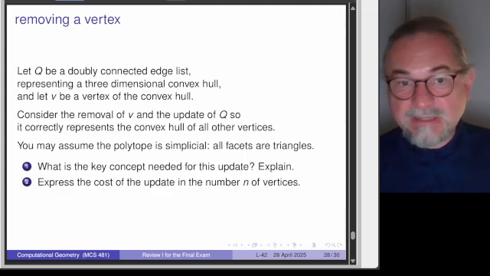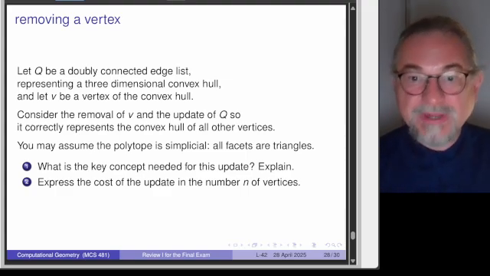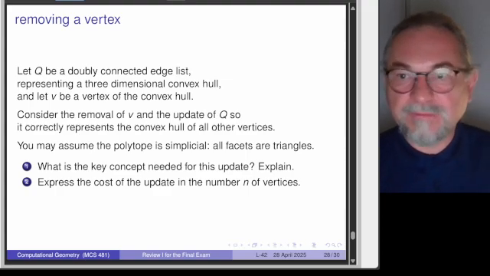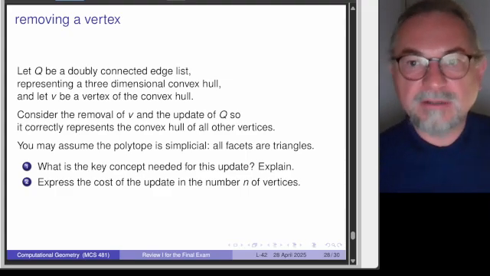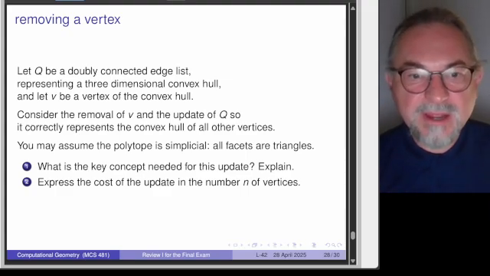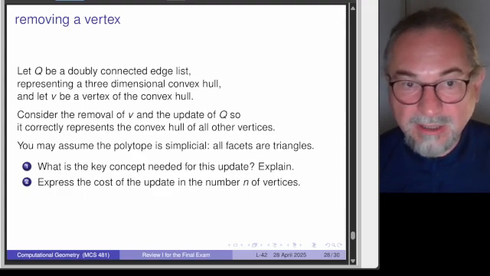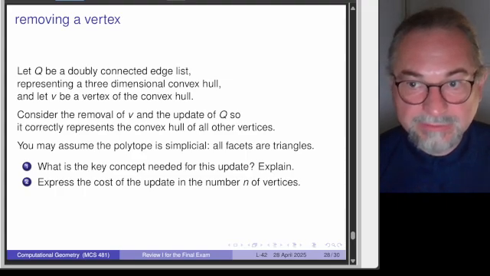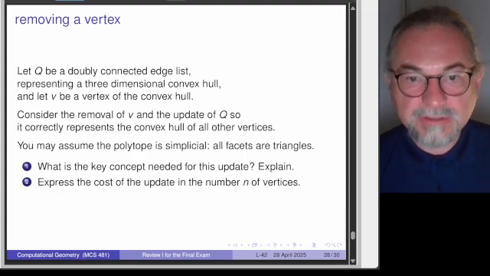Now for simplicity, we are assuming that all the facets are triangles. So if not, then you triangulate the facets. How would you explain how this removal process works?